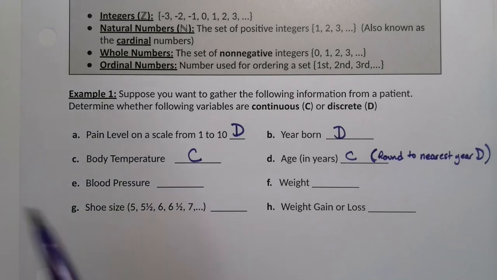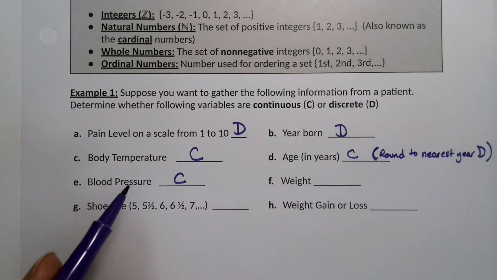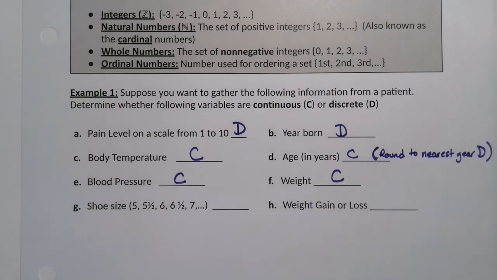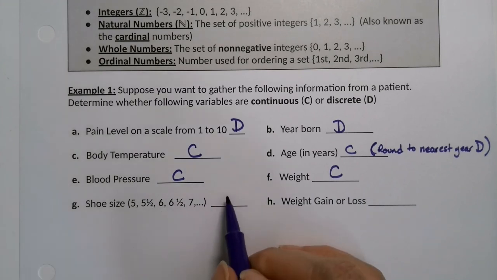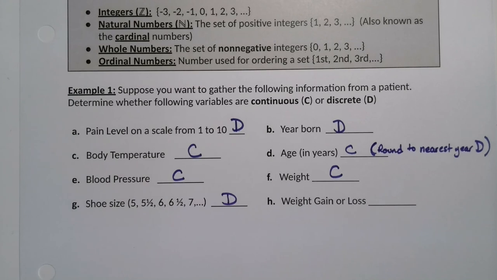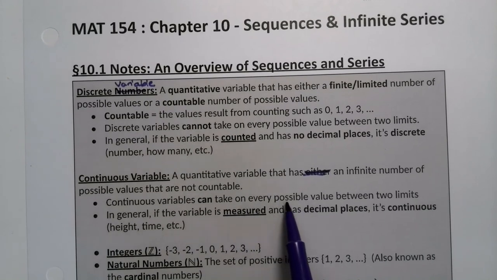Blood pressure, something you measure, that's continuous, right? That has a scale, so you can have decimal places and all sorts of stuff. Weight is the same way, right? You can have decimal places. Shoe size is interesting because shoe size in America goes 5, 5.5, 6, 6.5. And even though it has halves, even though it has decimals, this is discrete, right? Because you can't have a shoe size that's 6.236. And remember, what makes it continuous is that it can take on every possible value between those limits.